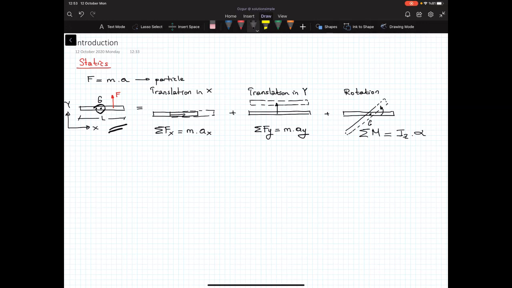But in statics, we simplify it because for most of our cases, our structures, we don't want our structures to move, right? So we say that under any given applied forces, if we don't want our structure to move, the acceleration must be equal to 0.